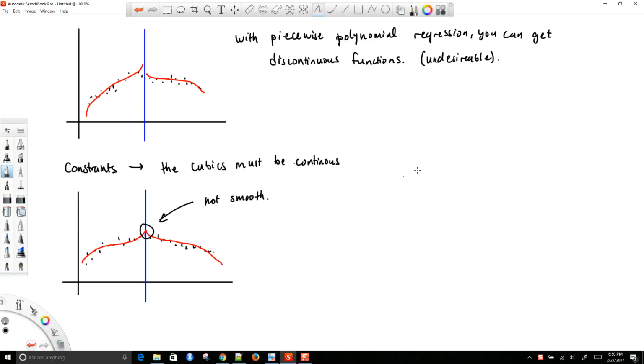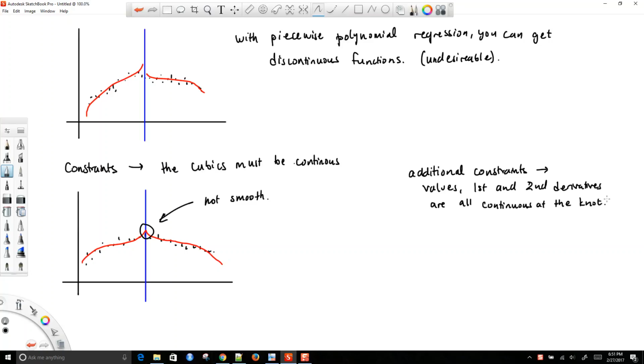So we add additional constraints, and we make sure that the values and the first and second derivatives are all continuous at the knot. Then you'll get a nice smooth fit.